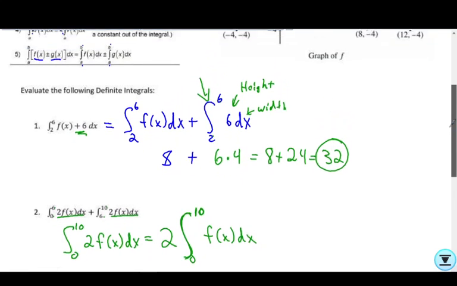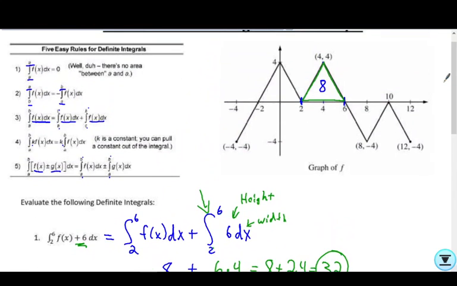So now I have to find the area from 0 to 10. We know this part is 8... from here to here, base is 2, height is 4, so 2 times 4 is 8 divided by 2. This is 4. This area right here from 6 to 10 is negative 8.